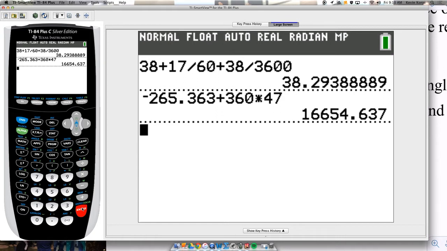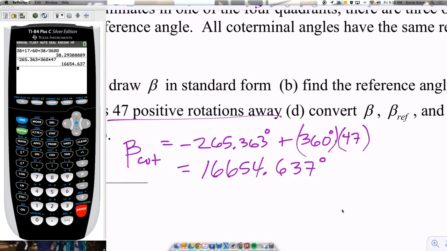So it ends up being this wonderful number right here, 16654.637. Now it's customary, if your question is given to you in decimal degrees, to give your answer in decimal degrees. And if your question is giving you an angle in DMS, you give your answer in DMS. So this would be an acceptable answer.